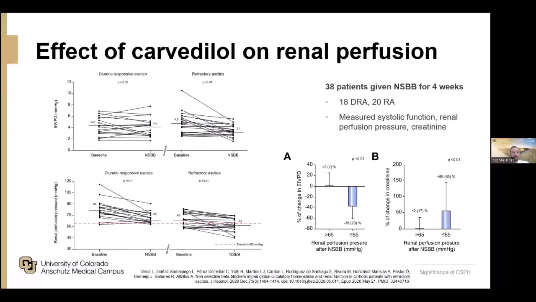Similarly, renal perfusion decreased in both cohorts. So it decreased in the diuretic responsive ascites group and decreased in the refractory ascites group as well, but there was a lower starting point in the refractory ascites group, and those patients on aggregate fell below a threshold of a renal perfusion pressure of 65 millimeters mercury.